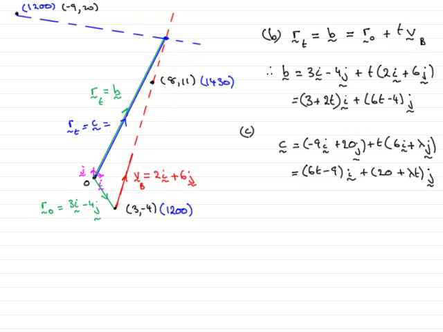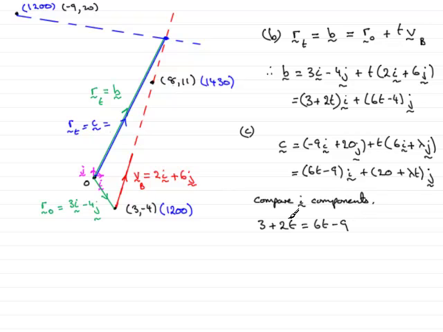So that means I can equate these components together. If I compare the i components, what I've got is 3 plus 2t must equal 6t minus 9. And with this equation, because there's only one variable in it, t, I can solve it for t.